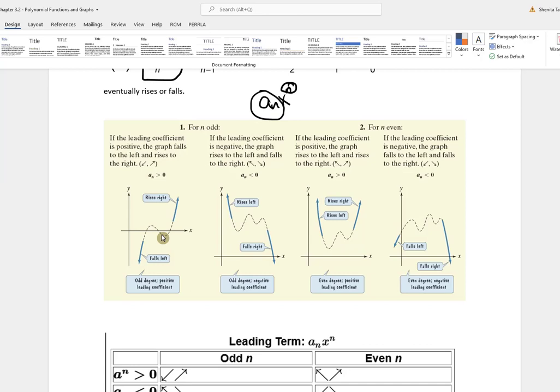If the leading coefficient is negative and the exponent is odd, it rises to the left, falls to the right. Now, if n is even and the leading coefficient, the number in front, is positive, your end behavior is where they both rise. They rise to the right, rise to the left. If n is even and the leading coefficient is negative, then the graph will fall to the left and fall to the right.